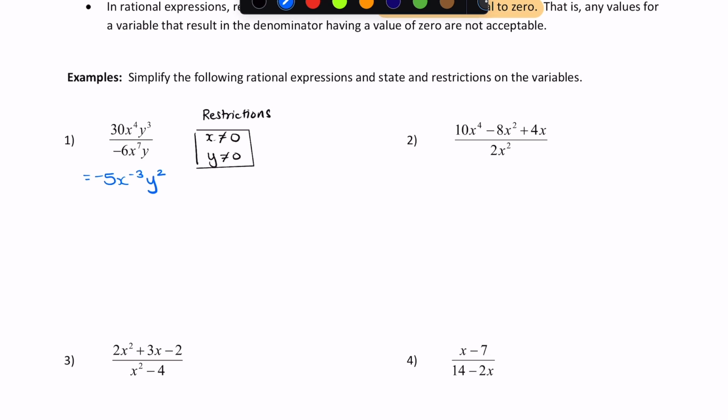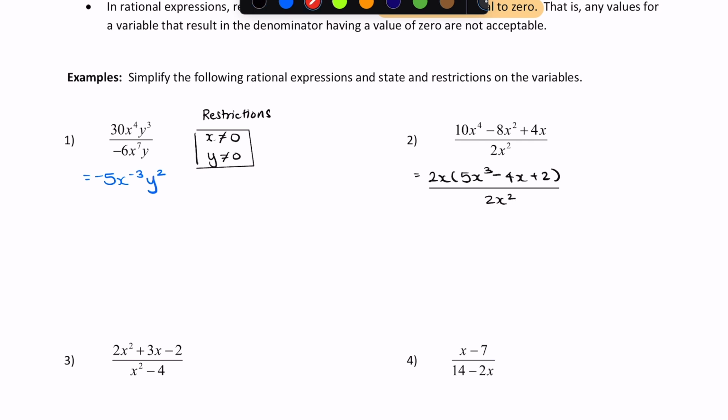Here we have 10x to the power of 4 minus 8x squared plus 4x over 2x squared. So the first thing we're going to do is see if there's a common factor in the numerator. There is, which is 2x. If we factor out 2x, we have 5x to the power of 3 minus 4x plus 2, divided by 2x squared.